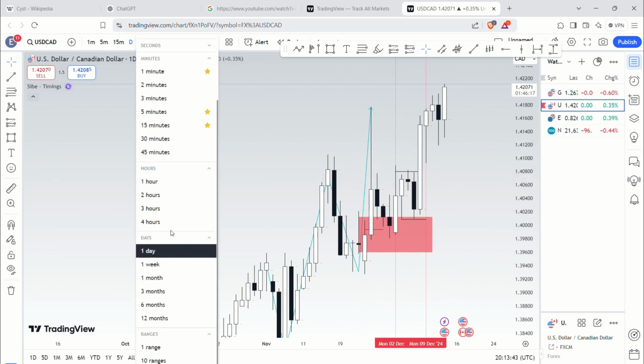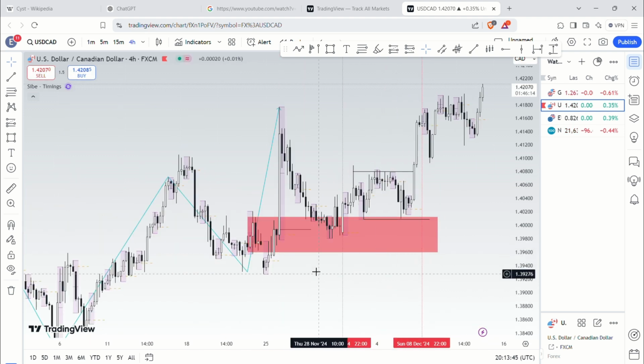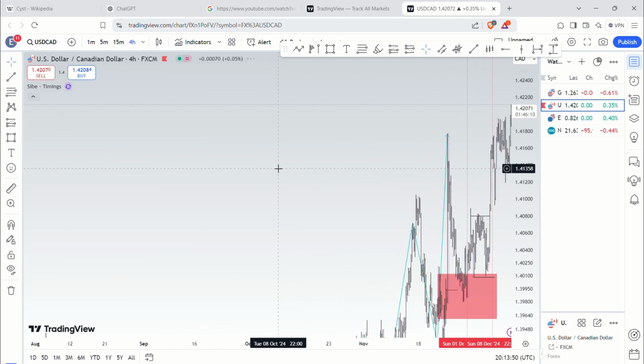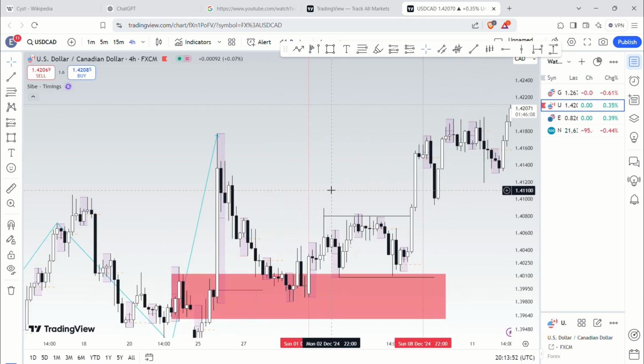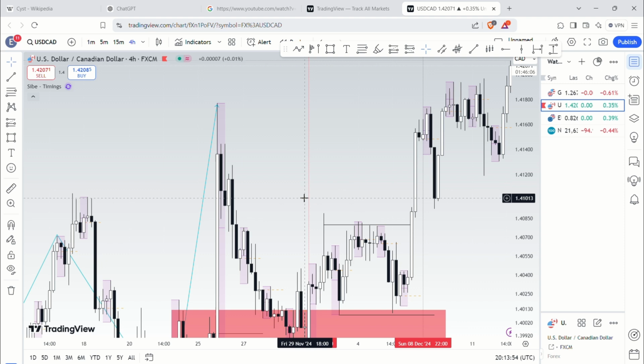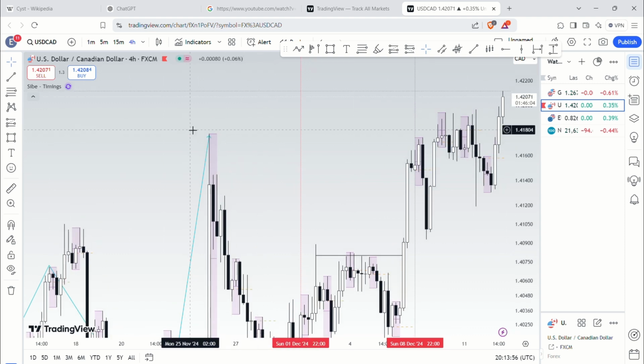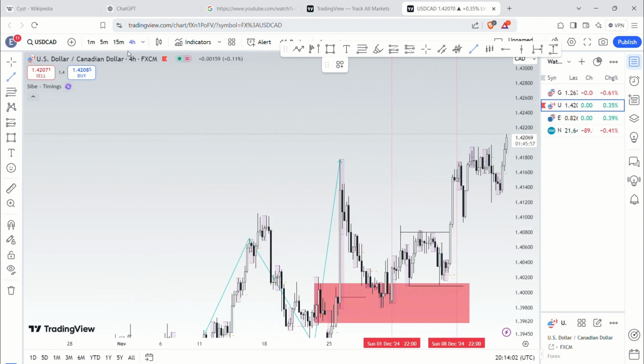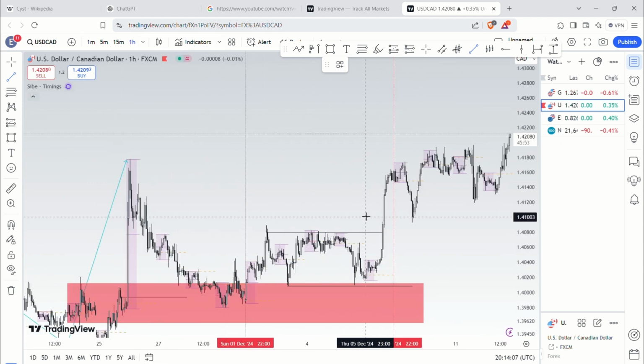I think it was an imbalance on the 4-hour time frame. Not the imbalance, I think I targeted this. Oh, I'm sure it was an imbalance on the 1 hour, I think.